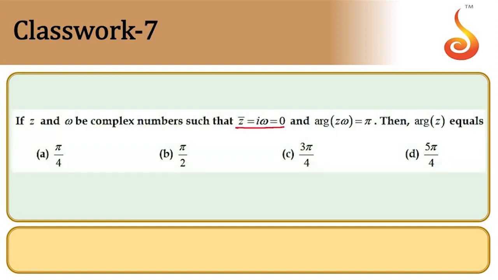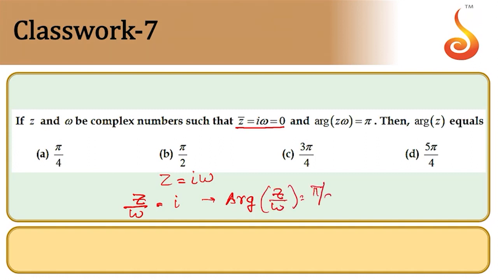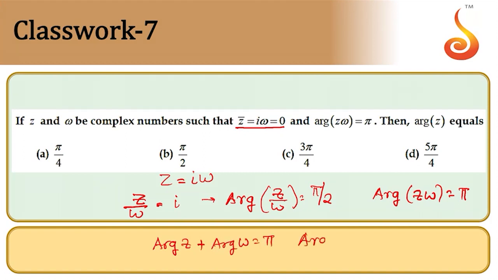So there is a mistake here. The question is z is equal to i omega. So z by omega is equal to i. This implies argument of z by omega equals pi by 2, and argument of z omega is equal to pi. The property says argument of z plus argument of omega equals pi, argument of z minus argument of omega is equal to pi by 2.